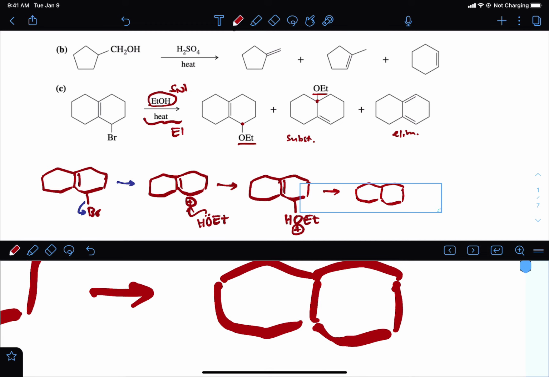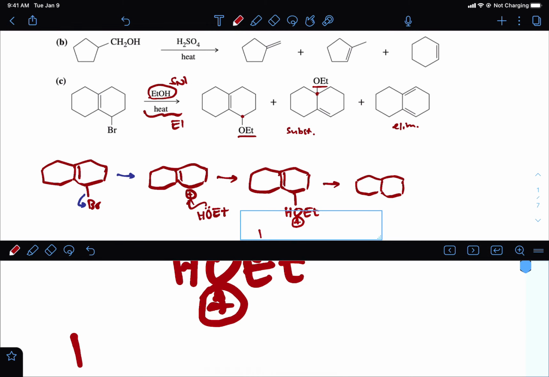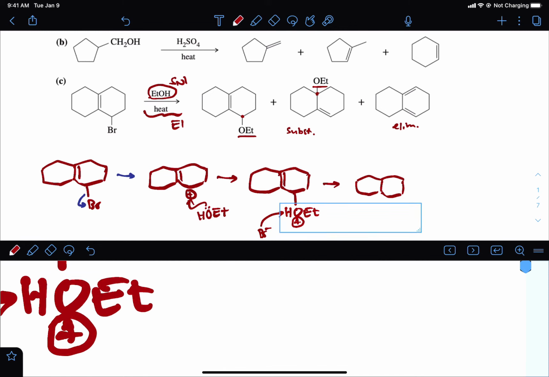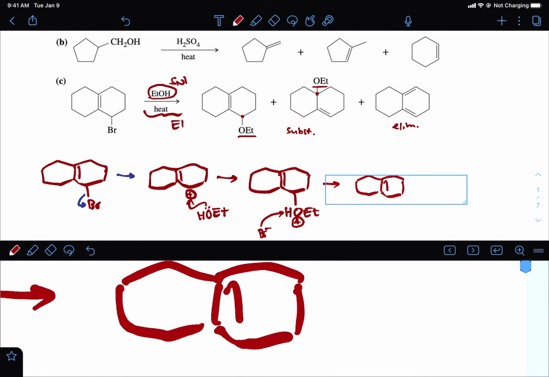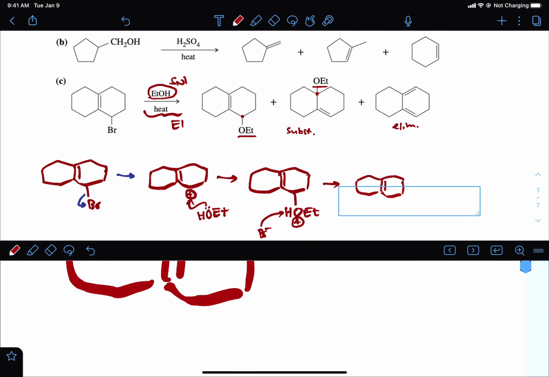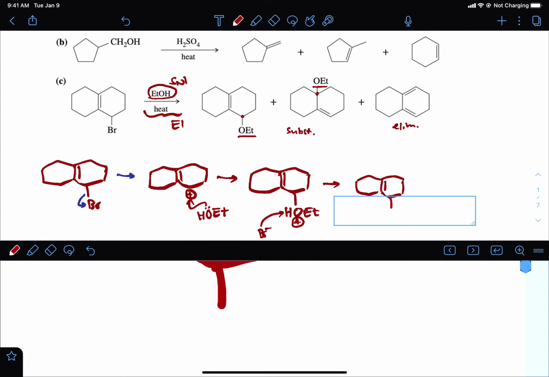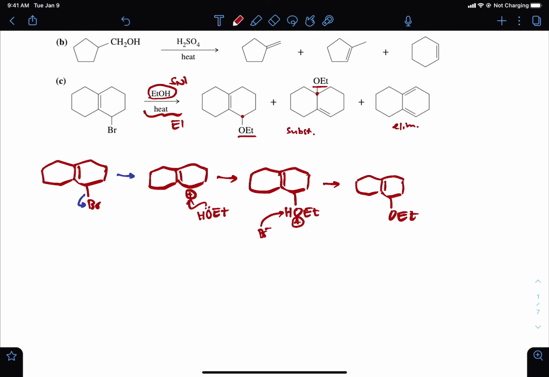But then the bromide, which we kicked off previously, can come in and grab the H, return the electrons to the O, and we've got OEt. Okay. That's our first product.